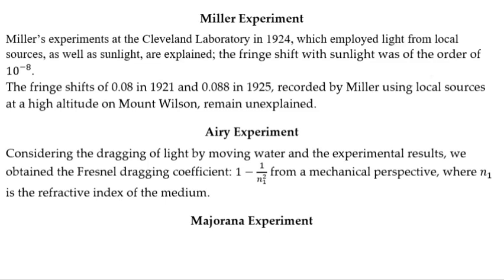Majorana misunderstood the phenomenon within the device and the significance of the fringe shift observed during the experiment by explaining the fringe shift as supporting special relativity. The reflection of light as a mechanical phenomenon applied to the Majorana experiment proves that the speed of light changes after each stage, causing a fringe shift in the Michelson interferometer.